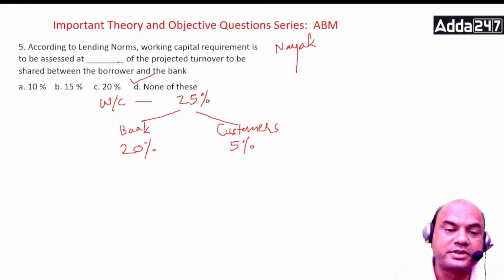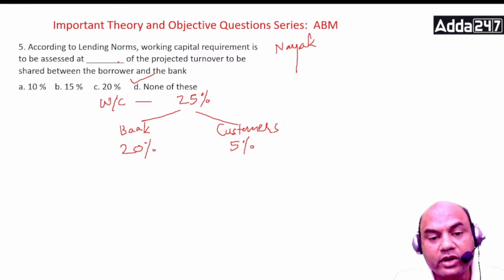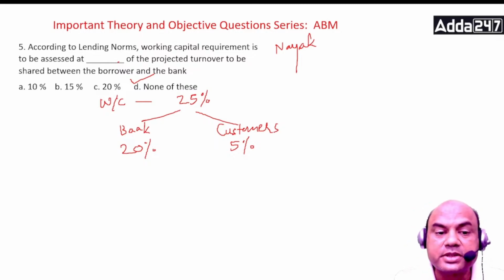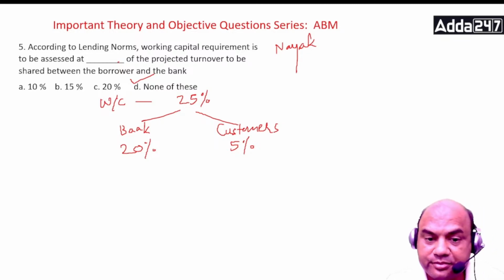It is 25%. The answer is none of these. The NAYAK Committee says that 25% of the turnover will be required. Out of this, 20% will be shared by the bank and 5% by the customer. But the actual answer is 25, combining it. Got it?